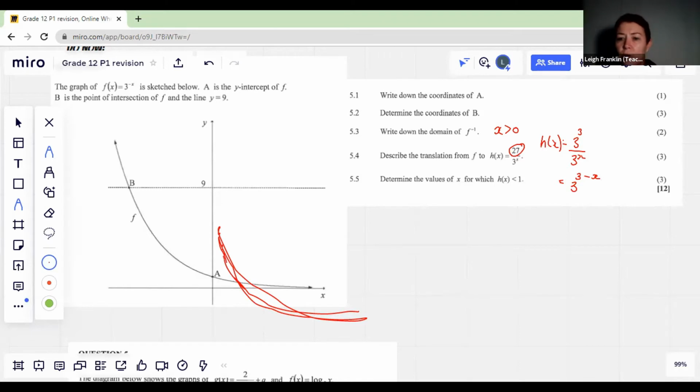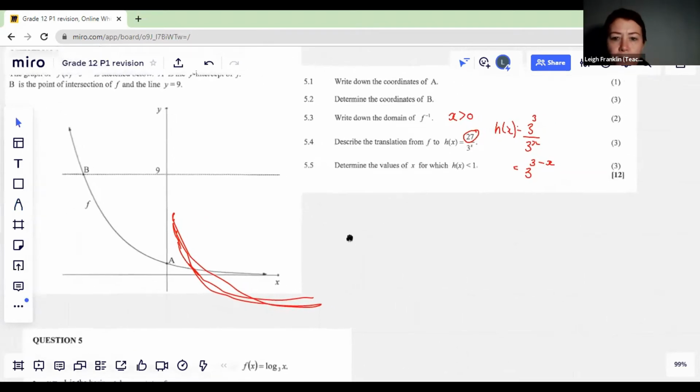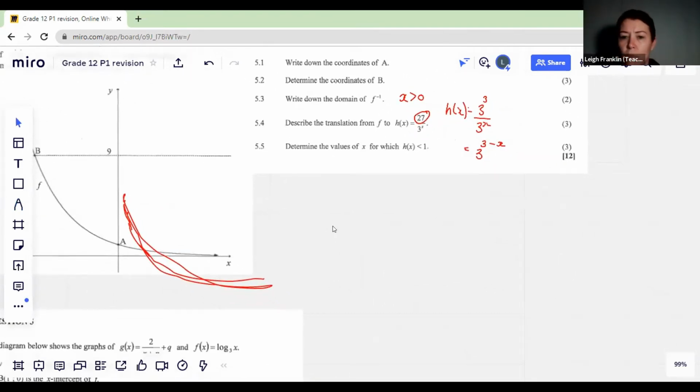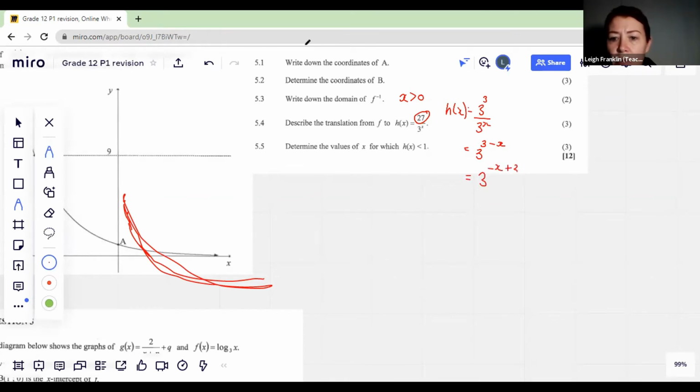Sorry, this is quite small, but I hope you can see what I've done here. So this is also the same as 3 to the power of minus x plus 3.